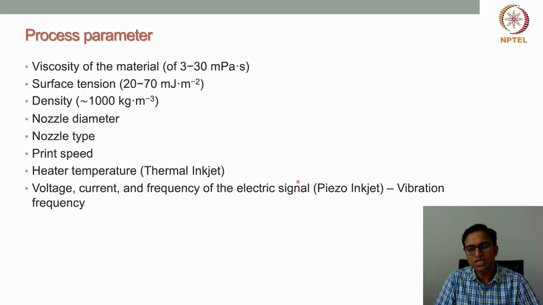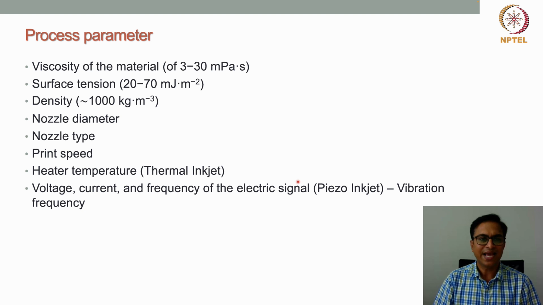As we have already discussed, in case of inkjet 3D printing, the viscosity of the material cannot be very high. So we use some low viscous material, in the range of 3 to 30 millipascal second. Viscosity of the material should be in that range.